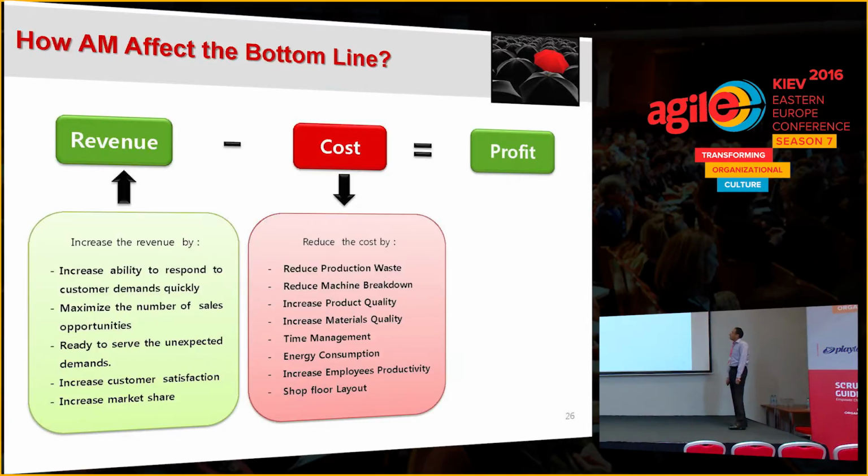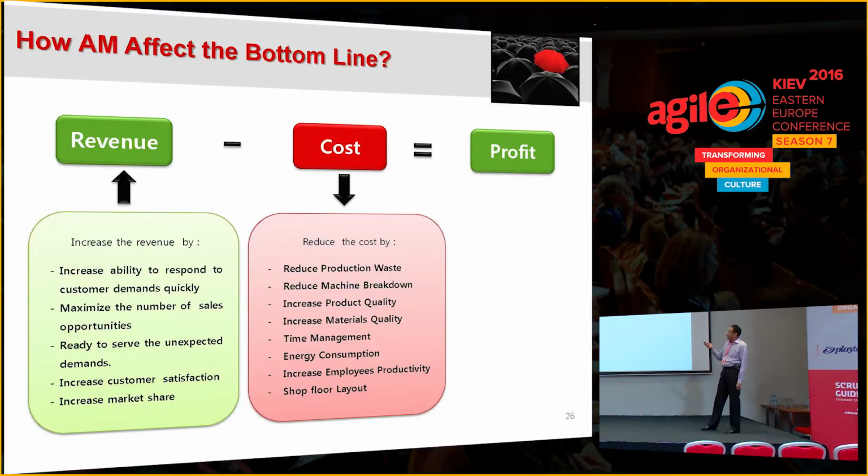How may AM affect the bottom line? This is the equation: revenue minus cost equals profit. So if you want to increase the profit, you have to work on one of these, increase this or decrease that. There's no choice. How can you do that?